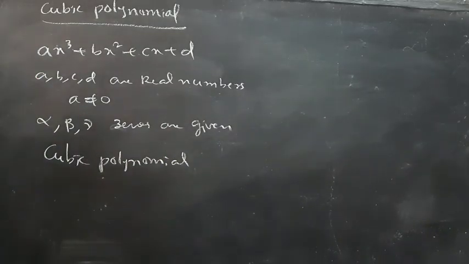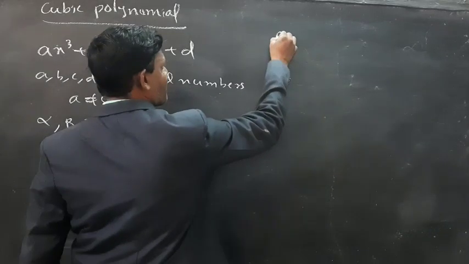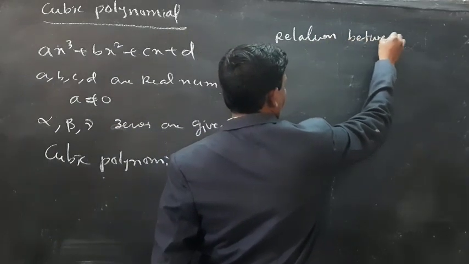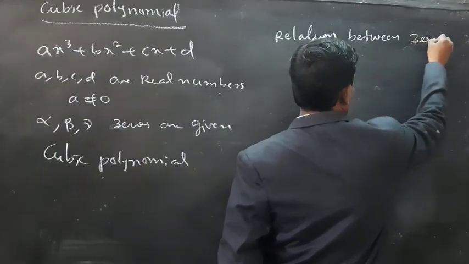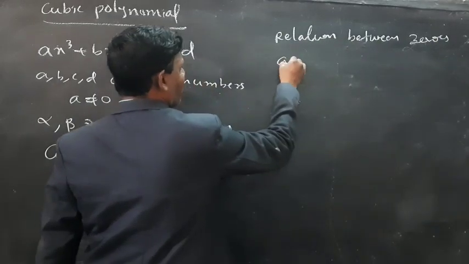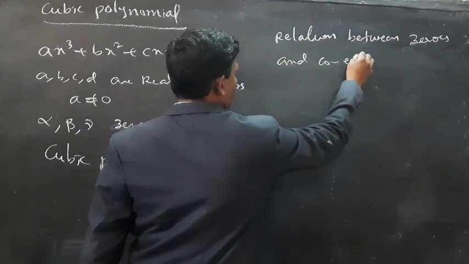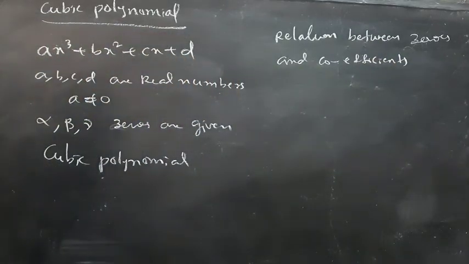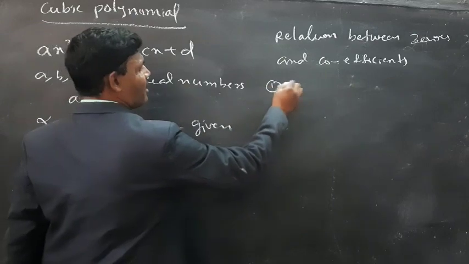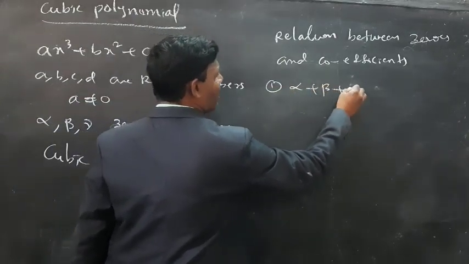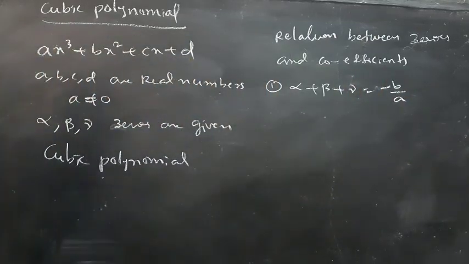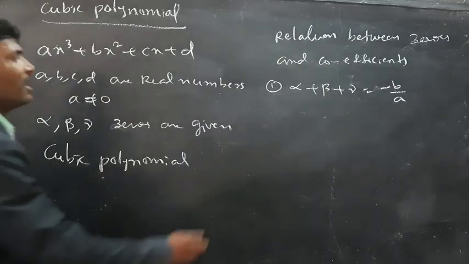So what is the relation between zeros and coefficients? First relation: alpha plus beta plus gamma is equal to minus b by a.